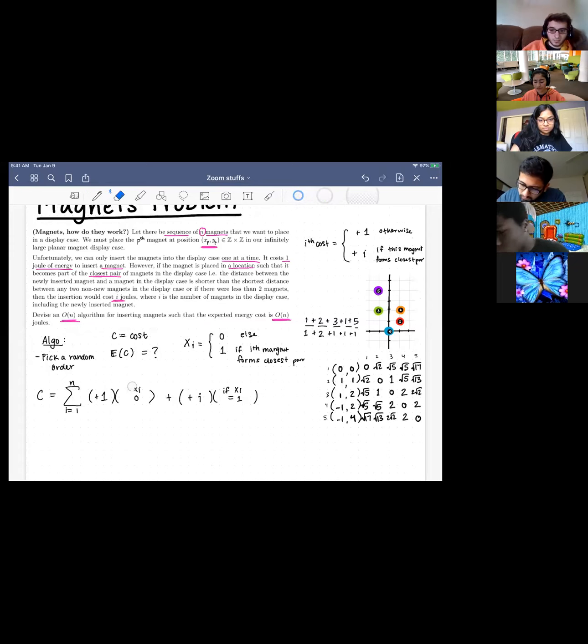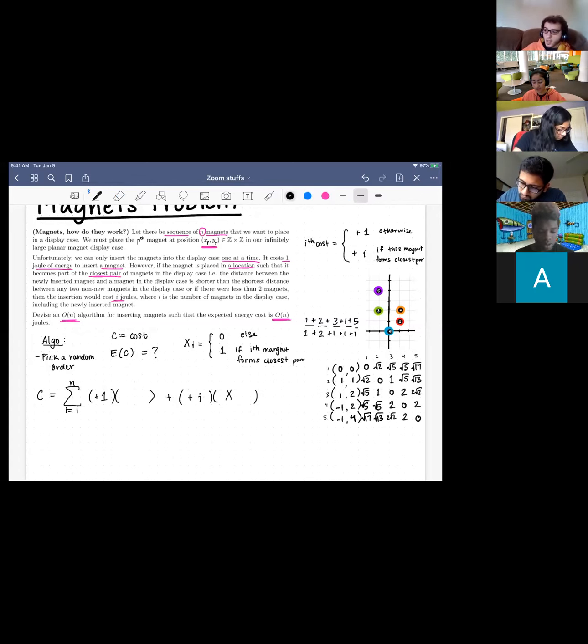More intuitively though, what you guys did is a simplified version of what I'm going to do, which is to replace these ifs. If xi is 1, then we can just multiply by xi, because multiplying by 1 does nothing. If xi is 0, how do I turn the 0 into a 1? I can do 1 minus xi.